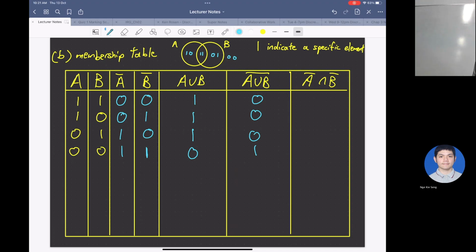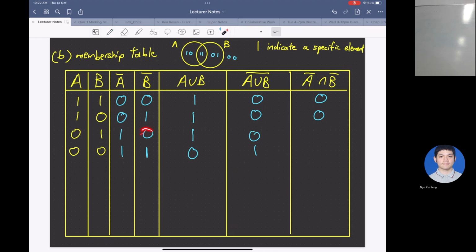Okay. And then what is A bar intersect B bar? So if it is not in A bar, or if it is not in B bar, then it is not in the intersection. If one is not in A bar, then automatically it's not in the intersection.